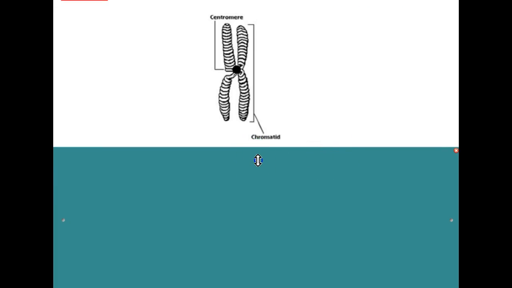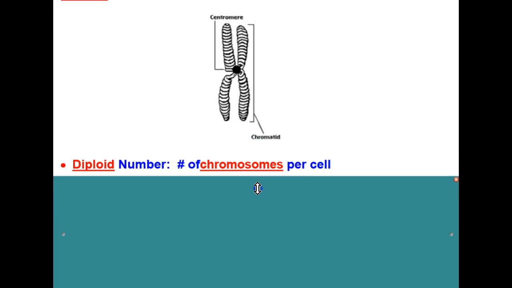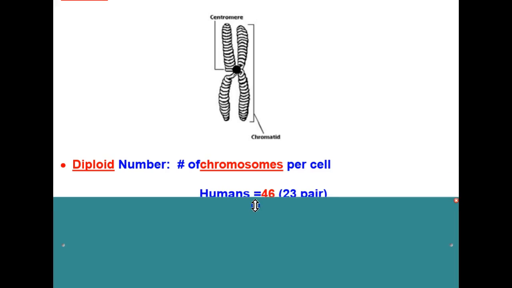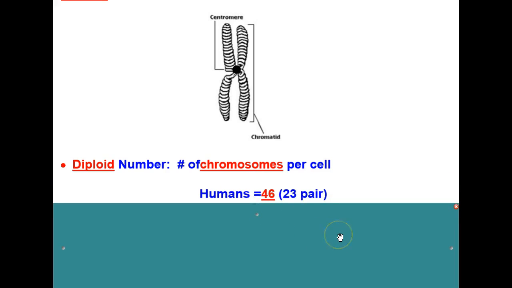Next, we're going to learn about what is called diploid number, which is the number of chromosomes per cell. As humans, we have 46 chromosomes per cell, which is divided up into 23 pairs. You get 23 chromosomes from your mom, and you get 23 chromosomes from your dad, and they pair up to give you 46.